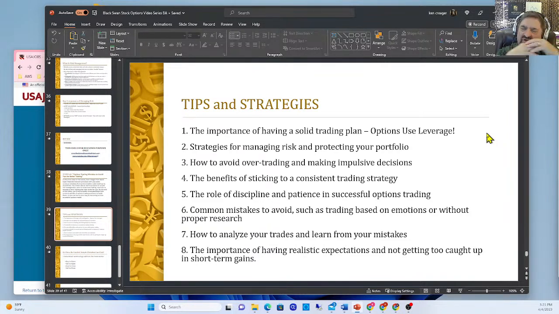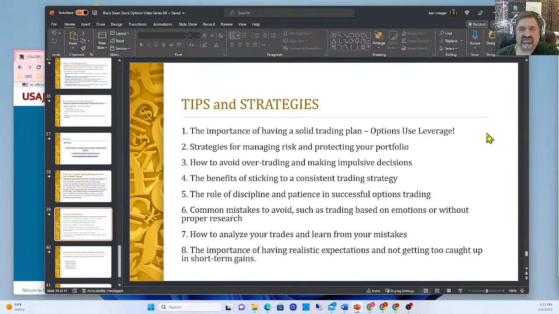Now, you might adjust your strategy and change it, because you should be constantly evaluating how things are working. But don't make impulsive decisions. Analyze how your trades are working out or not working out. Adjust your strategy and then implement it, right? But you need to have discipline and patience to be a successful trader, even an options trader, but any kind of trader.